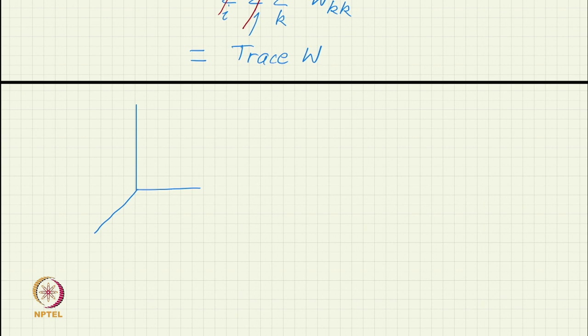So now a rotation matrix, we wrote a rotation matrix for an angle theta about z axis. What was that?